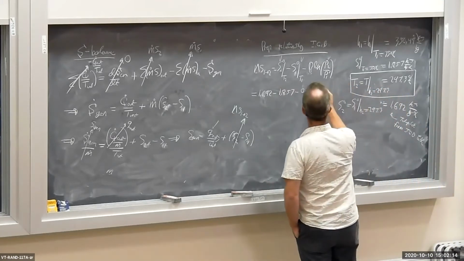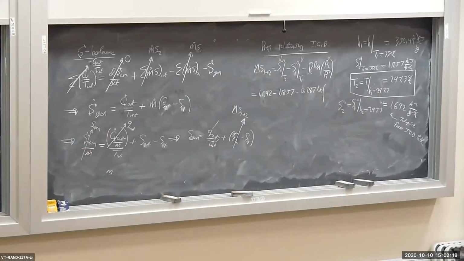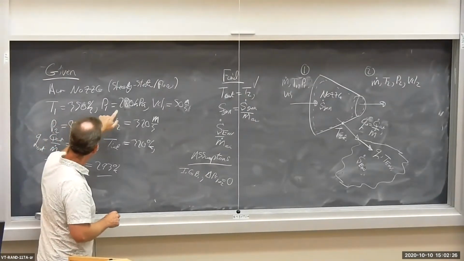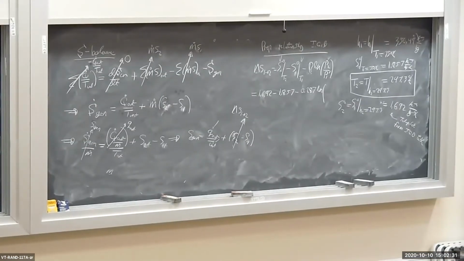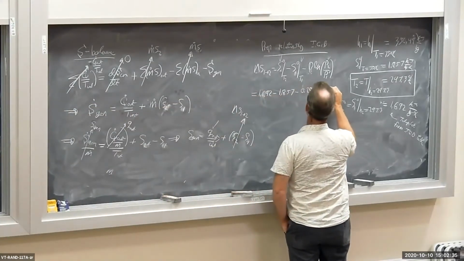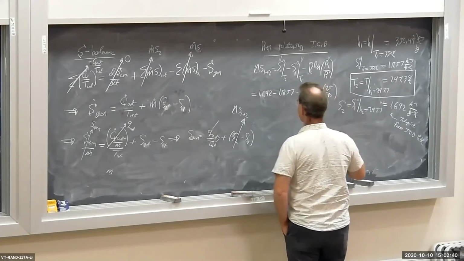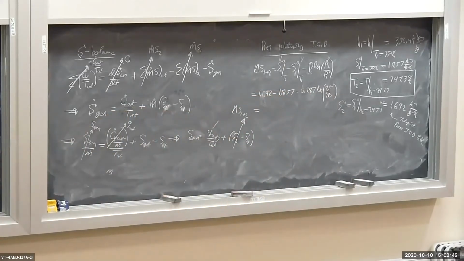And then I have natural log of P2 over P1: P2 is 85 and P1 is 280 kPa. The units cancel out, and this will all have units of kilojoules per kilogram, giving me a delta s here.